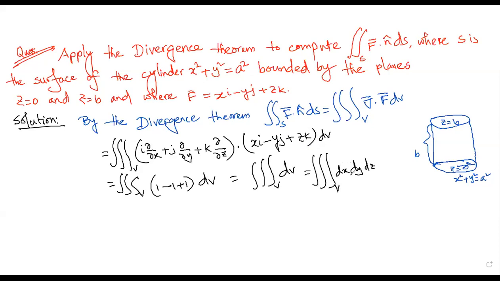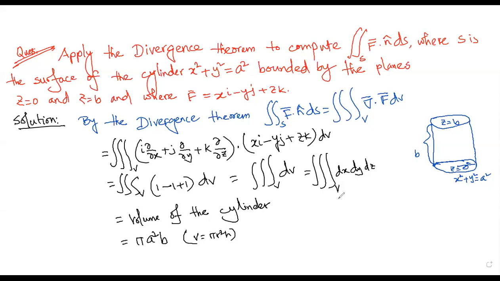According to the cylinder, this is the volume of the cylinder. We know that the volume of a cylinder is pi r square h.